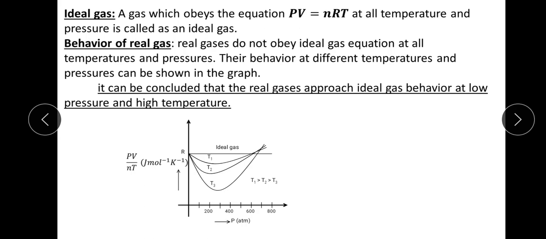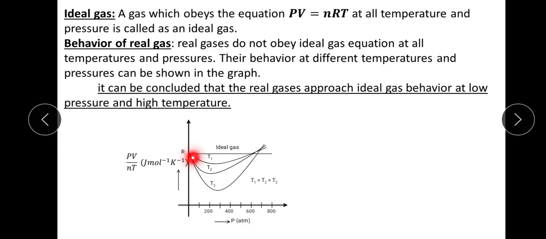But we take the real gas at different values of temperature. See, T1, T2 and T3 are the different values of temperature such that T1 is greater than T2, which is greater than T3. And when you plot a graph of pressure versus this R at higher temperatures, that is for this curve, it is very close to the behavior of an ideal gas.